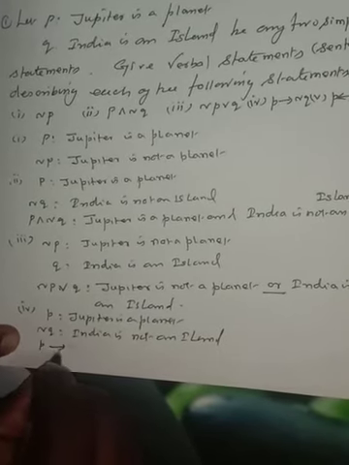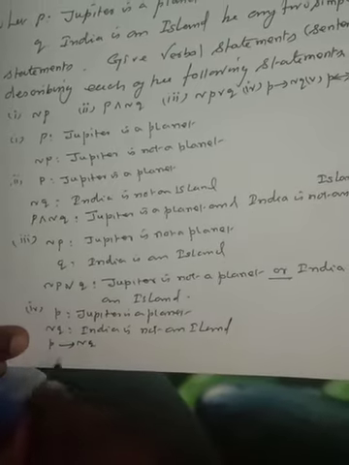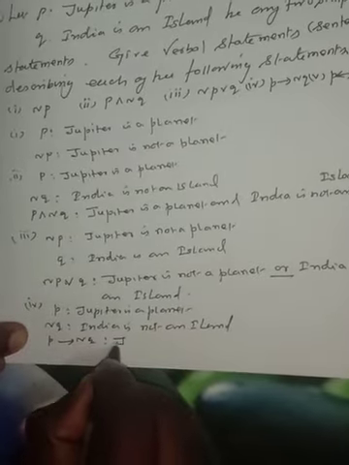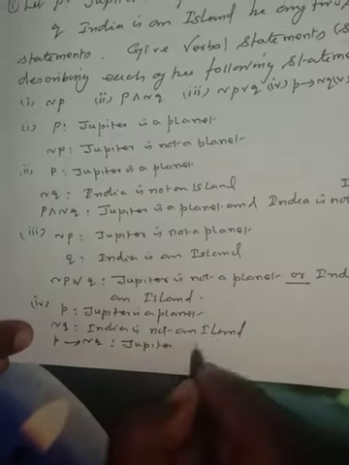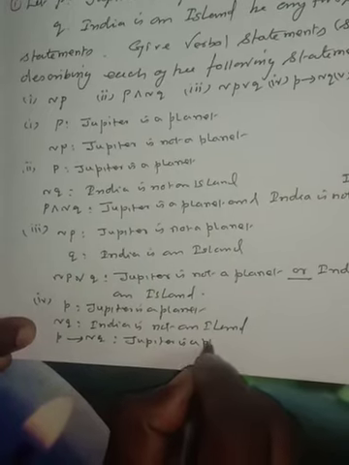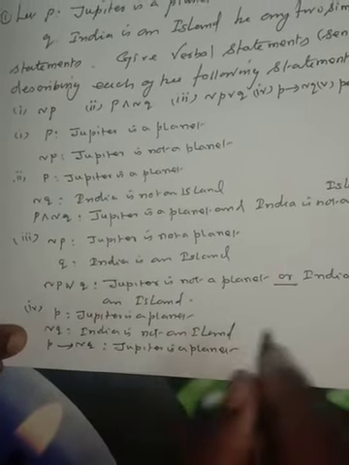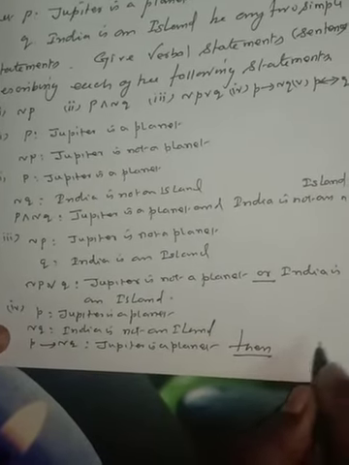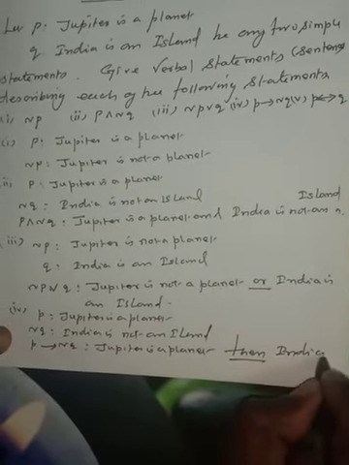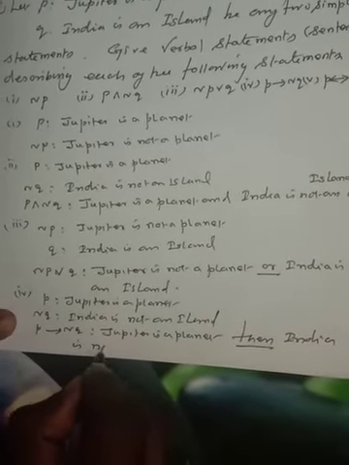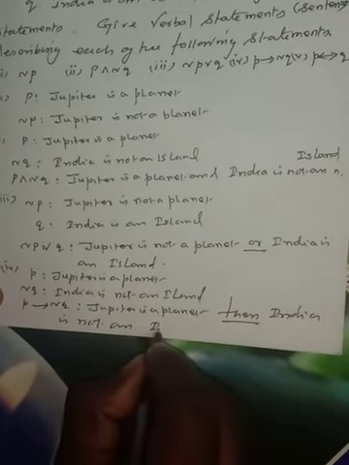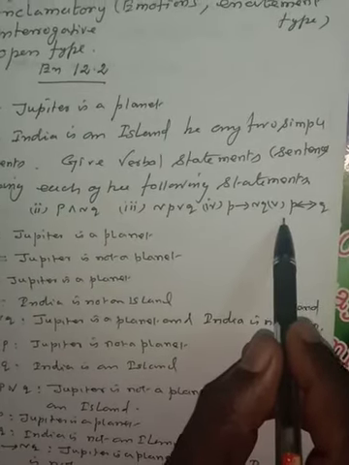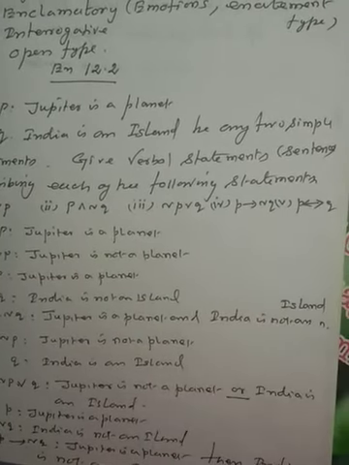P implies negation of Q is: if Jupiter is a planet, then India is not an island. Using this symbol, you get the answer.